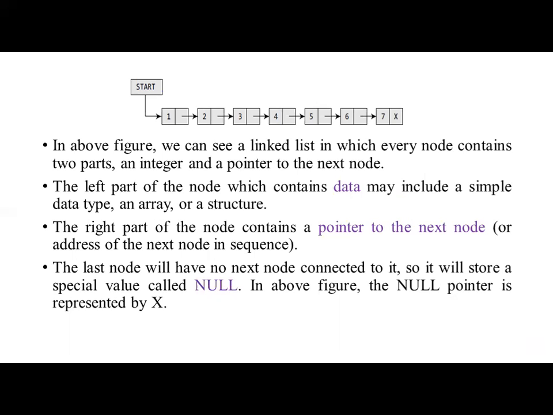Since it is the last node, its next field is set to null, because we don't have any other elements in this linked list beyond the last element.